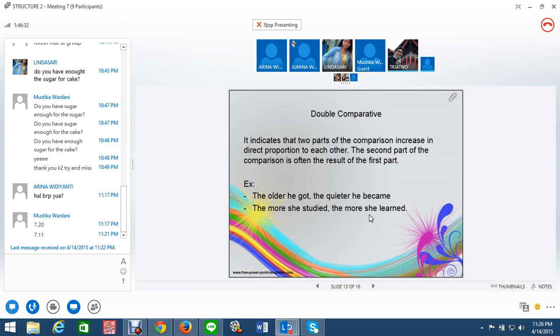Faster and faster. Kalau di sini double komparatif, ciri-cirinya adalah pakai the, terus komparatif. The more, the happier, the more dangerous, the sooner. Jadi the plus comparative.